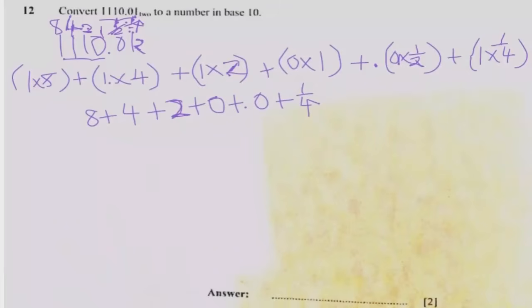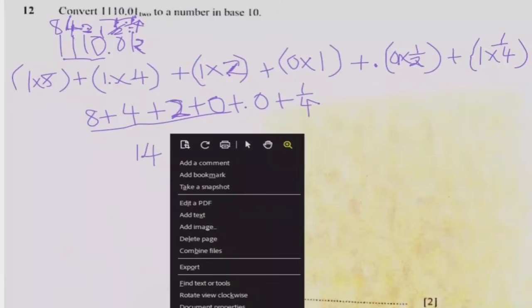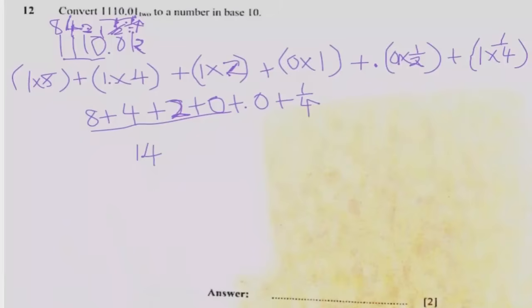Now we can add these numbers. 8 plus 4 will give us 12, plus 2 will give us 14, plus 0 is still 14. So on the whole numbers part, we have 14, then point 0, plus 1 over 4 will give us 1 over 4.